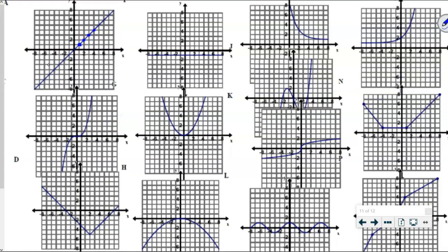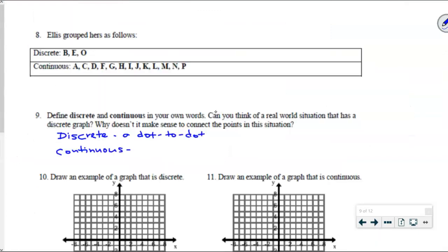It would be the same thing as you're learning how to graph all of these other different functions. You would start with just a dot, and then another dot, and then another dot, and eventually you'll connect those, and that will make that continuous. So if discrete is like a dot to dot that has been left incomplete, continuous is like a dot to dot that's been done.